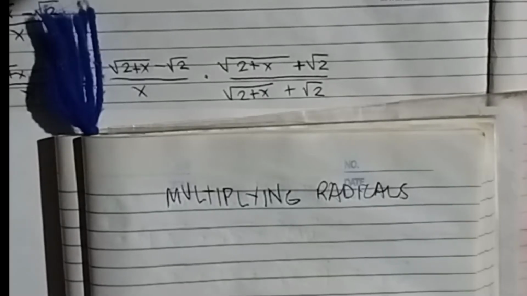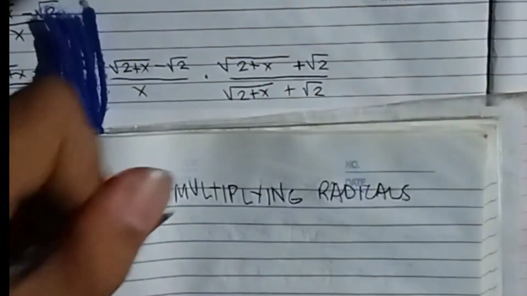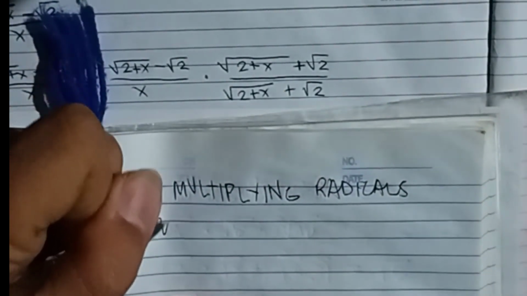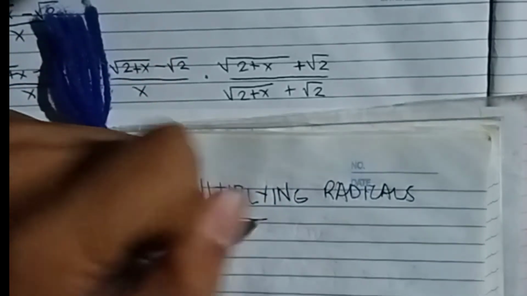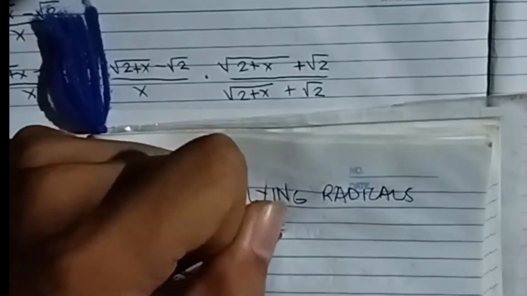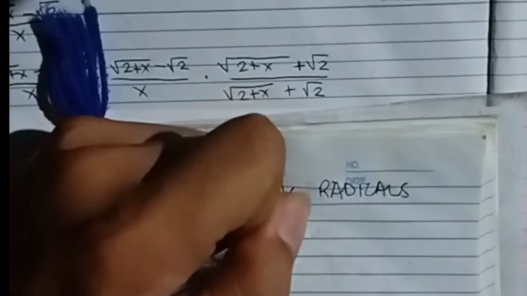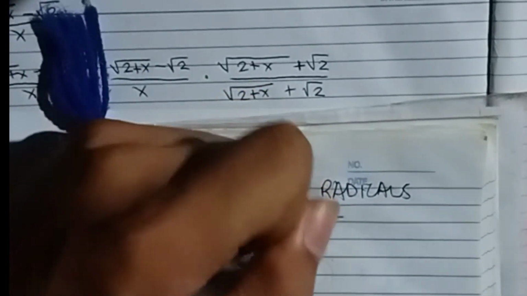So, in multiplying radicals, let us say we have the nth root of a times the nth root of b. It is equal to the nth root of ab.